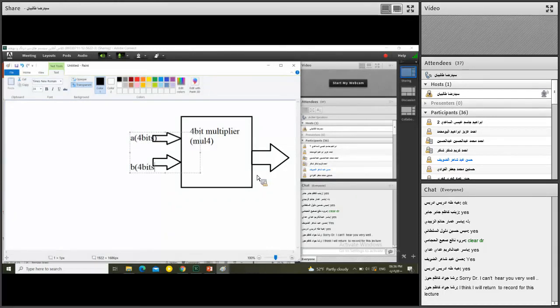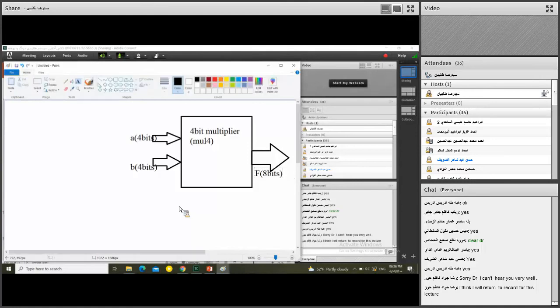And another one here, F, and it must be 8 bits, because if we multiply two 4-bit numbers with each other, the output must be 8 bits. Okay, now we want to define or describe this system with entity.